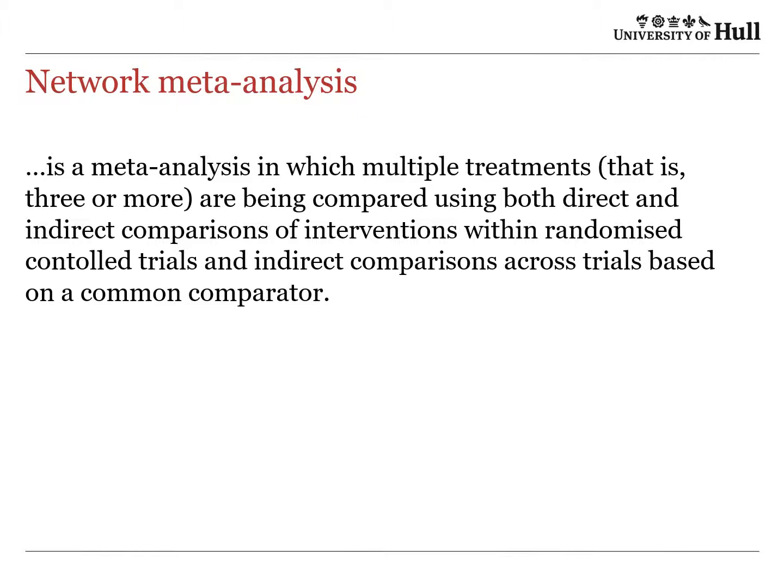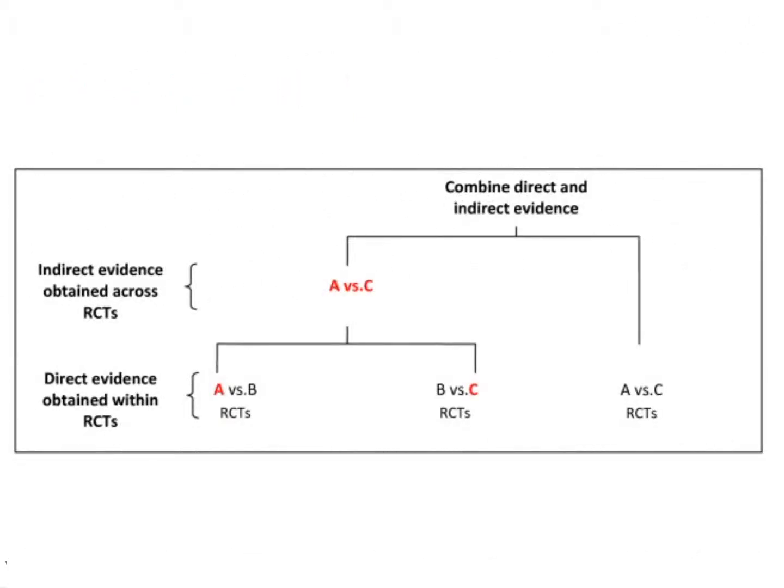Again, quite new, actually quite complex, and it looks a little bit like this. You can combine direct and indirect evidence across trials and within randomized controlled trials. I think it's unlikely at this stage in nursing that many people would be embarking on this, but I thought it might just be worth showing you what this means.